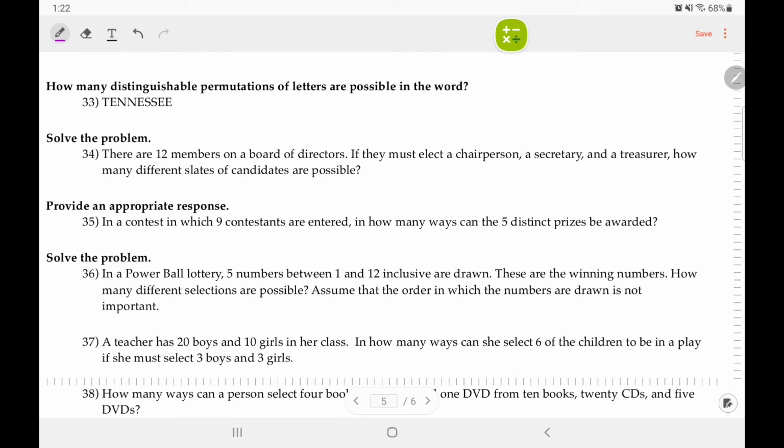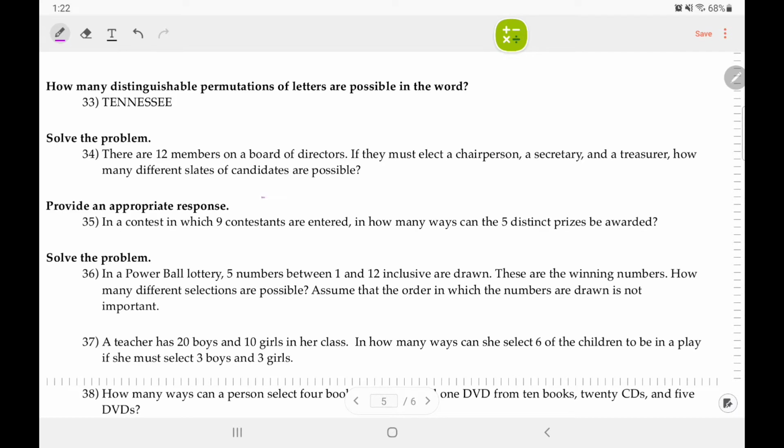But this question will be a permutation of choosing r objects from a total of n. And the reason why I know number 34 is a permutation is because I am selecting distinct objects, which are people for distinct positions.